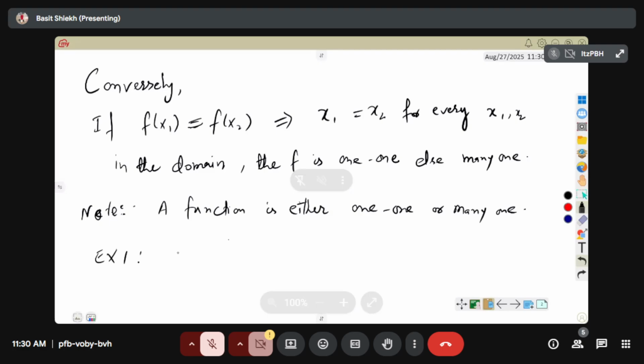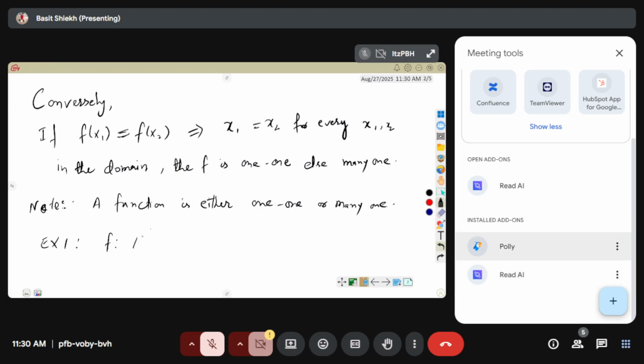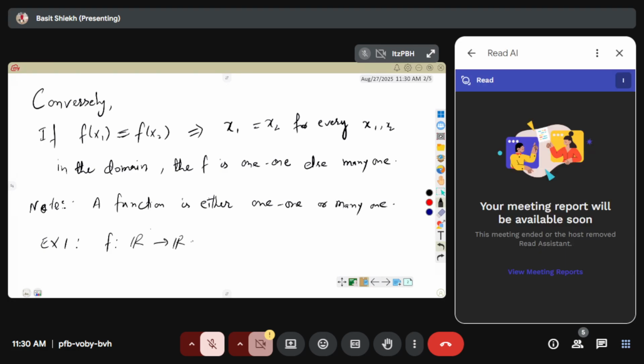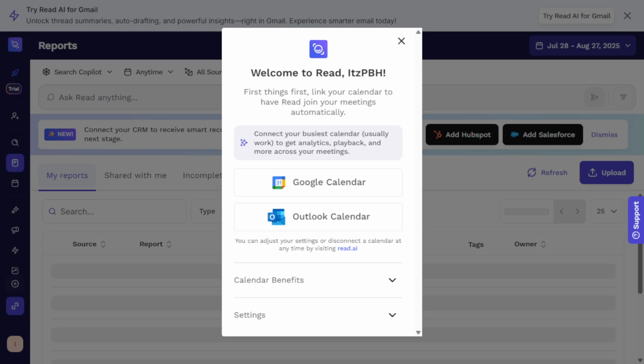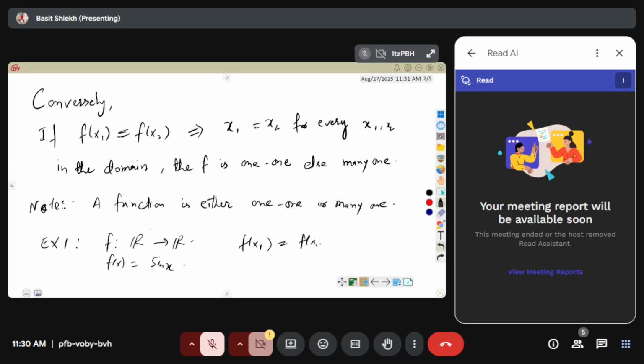Example 1: f from R to R, f of x equals sin x. How will we check? Let's say f of x1 equals f of x2.